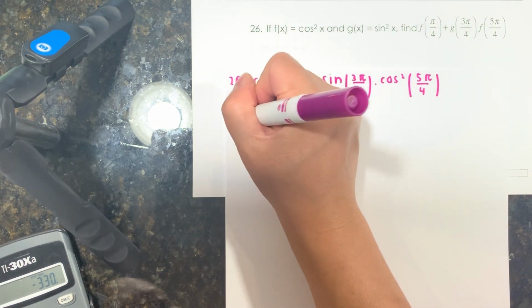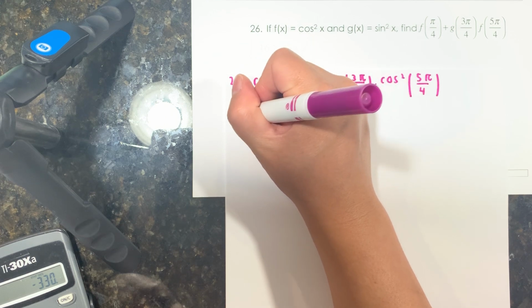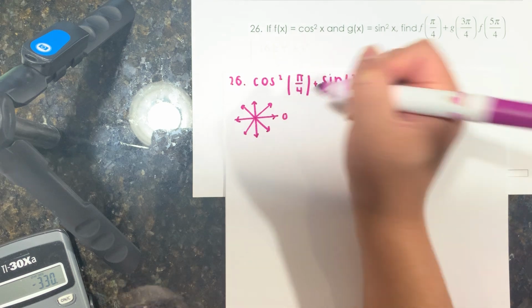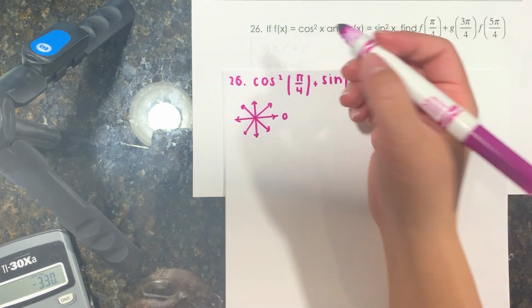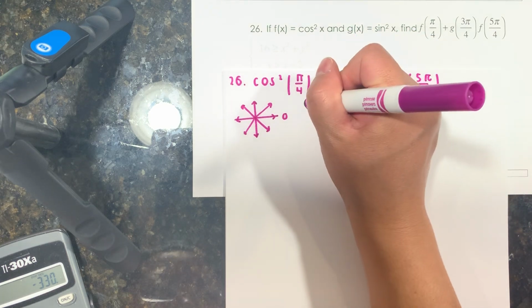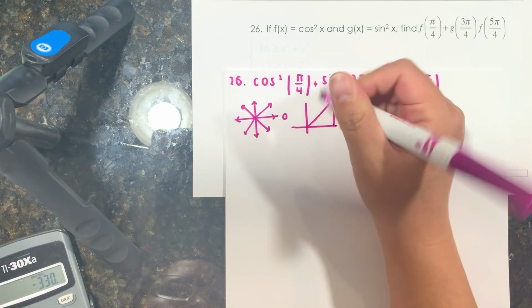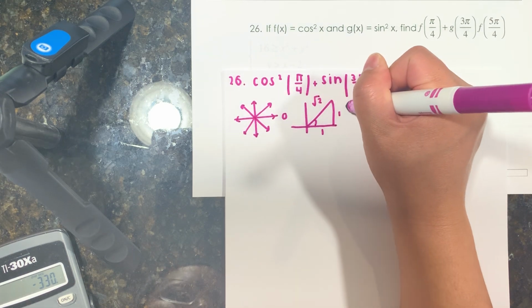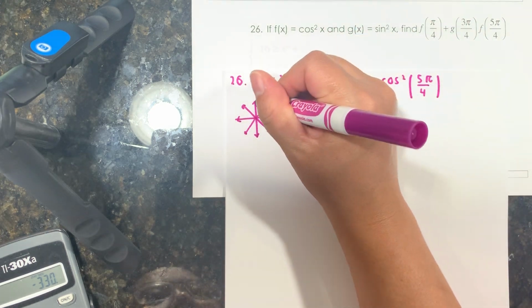So now I'm going to make my snowflake chart for pi over 4. So 1, 2, 3, 4. 1, 2, 3, 4. Starting at 0, I'm going to count to 1. That would be in quadrant 1. So the first one is going to be a triangle in quadrant 1, 45-degree triangle, 1, 1, root 2. Cosine is adjacent over hypotenuse. Second one, 1, 2, 3.